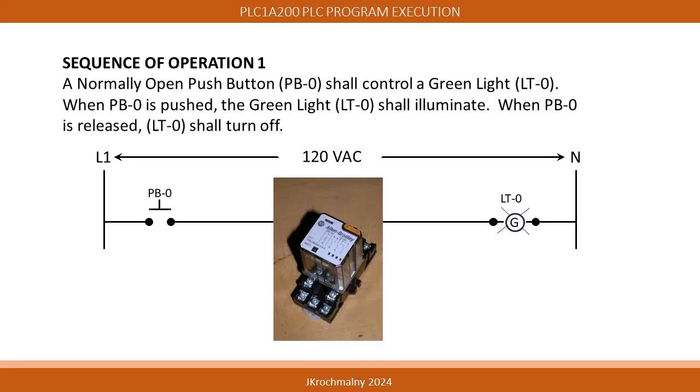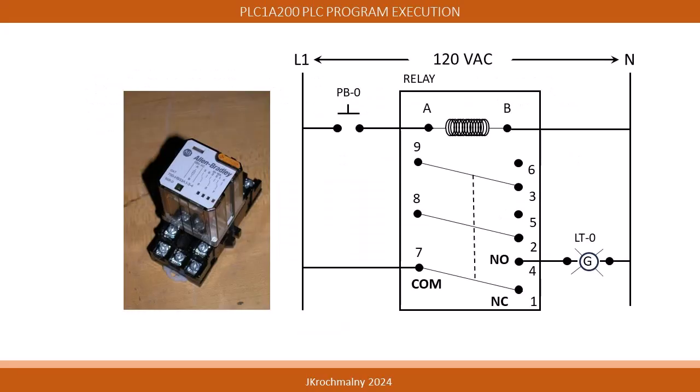We could still use a relay to achieve the intended actions as stated in sequence of operation number 1. It could be considered excessive, but it still could be done with the use of a relay. How this could work with a relay is shown in this graphic. Notice that with PB0 not pushed, the relay coil between terminals A and B is not energized and therefore not in a magnetic condition.